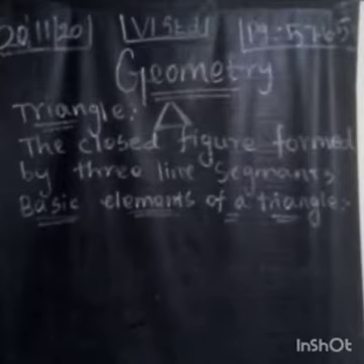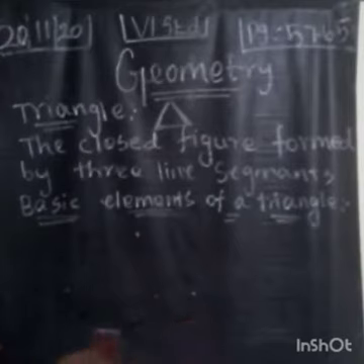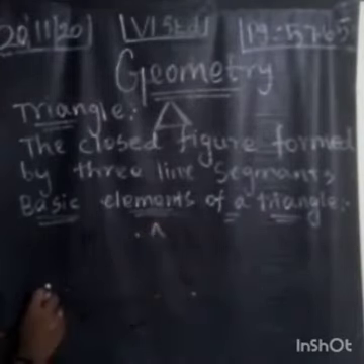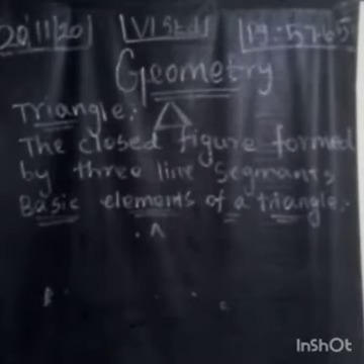Next we move on to the basic elements of a triangle. Mark 3 points. 1, 2, 3. Here we name them A, B, C. Join the line segments AB, BC and CA.